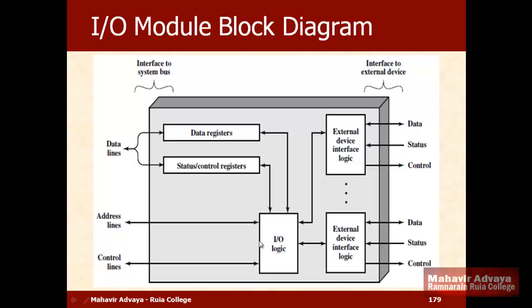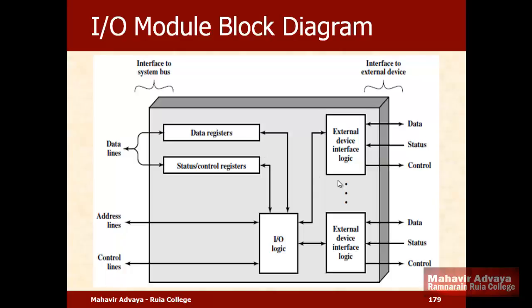You have IO logic that takes care of the selection of the input devices, and the control lines and address lines deal with the selection of the peripheral devices and storing the address of the input devices respectively. You have a data register that stores the data accepted from the input devices temporarily till the data is passed to the memory or the processor.